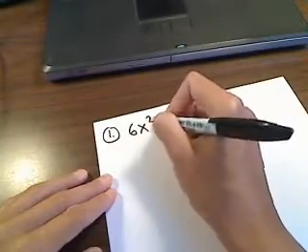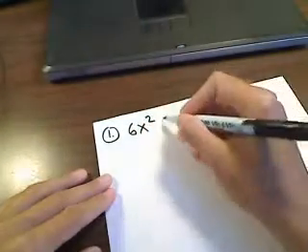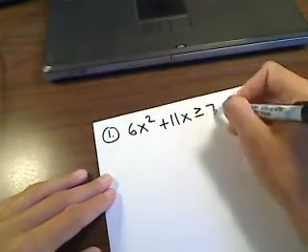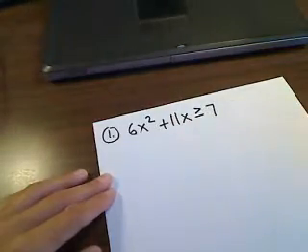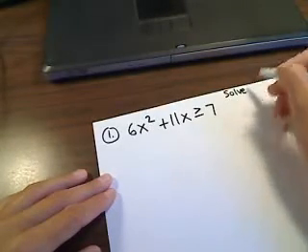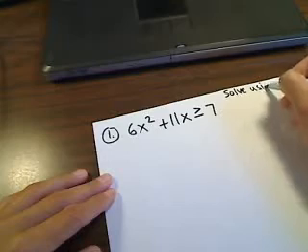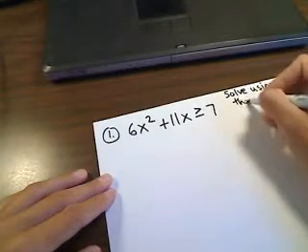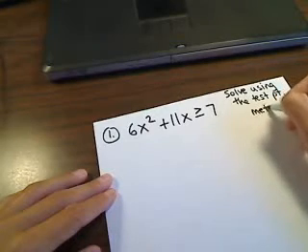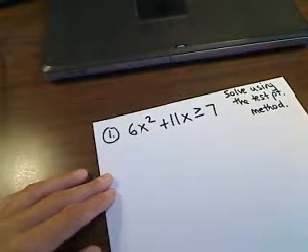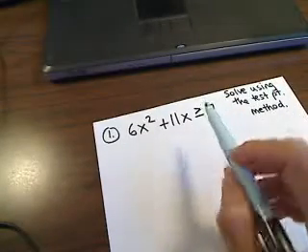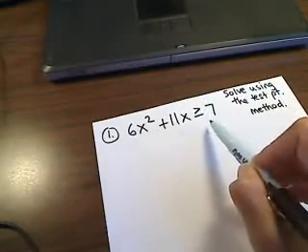So if we take this problem, 6x squared plus 11x greater than or equal to 7, and we solve this using the test point method, the first thing that we're always going to do is try and set this inequality either greater than or less than 0.